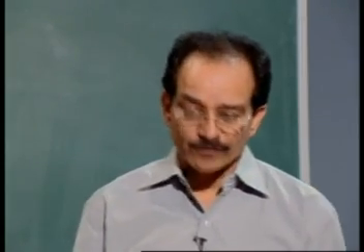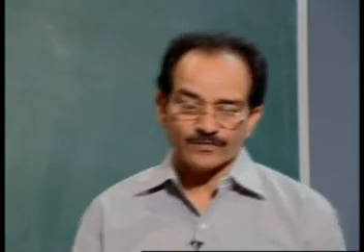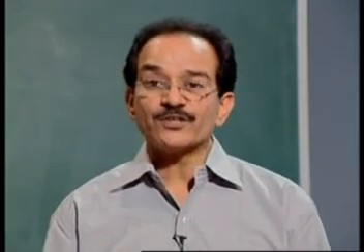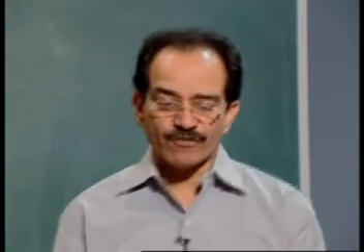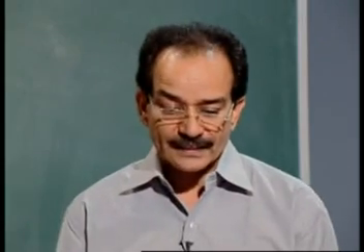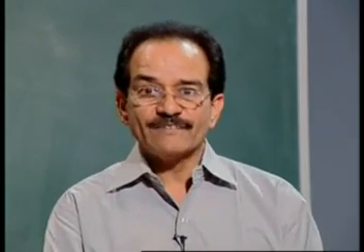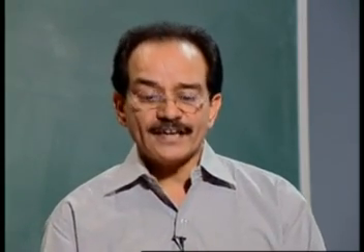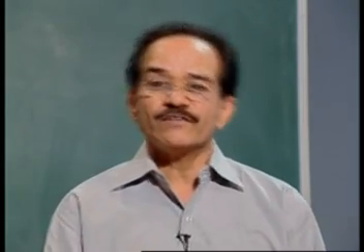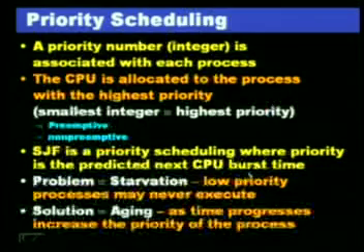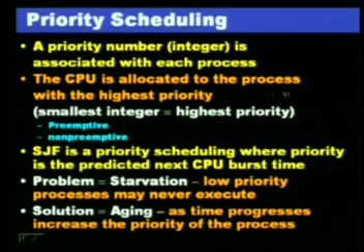The next scheduling algorithm we have is priority scheduling. What is priority scheduling? We define some sort of priority for the processes, whatever processes are there, and based on the priority values we execute them. The CPU is allocated to the process with the highest priority.